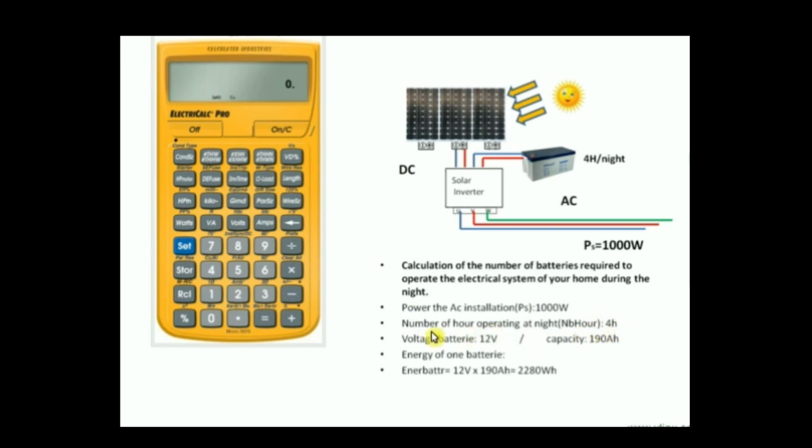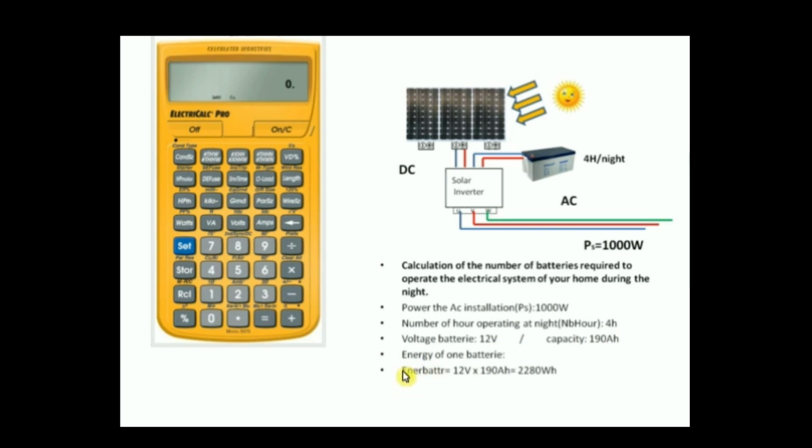Here we have the characteristics of the battery that we have chosen. The battery voltage is equal to 12 volts, and the capacity is equal to 190 ampere hours. And now we want to calculate the energy of one battery.